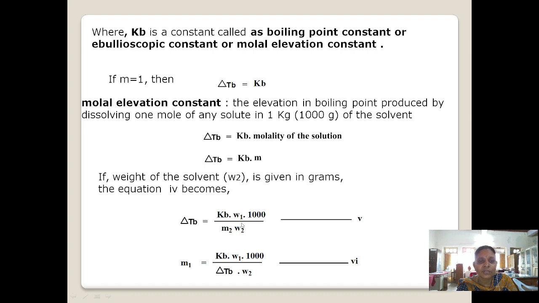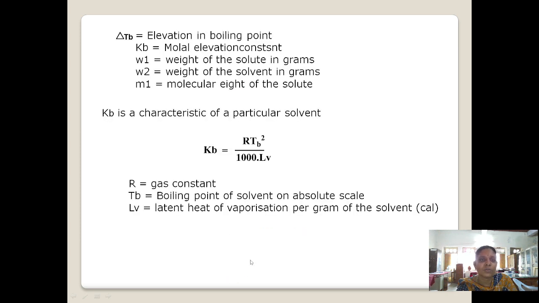And if the weight of solvent is given in grams, then equation 4 becomes delta TB equals Kb into weight by molecular weight of solute into 1000 by weight of solvent. By this equation we can calculate the molecular weight of solute, that is M1 equals Kb into W1 by delta TB into 1000 by W2.